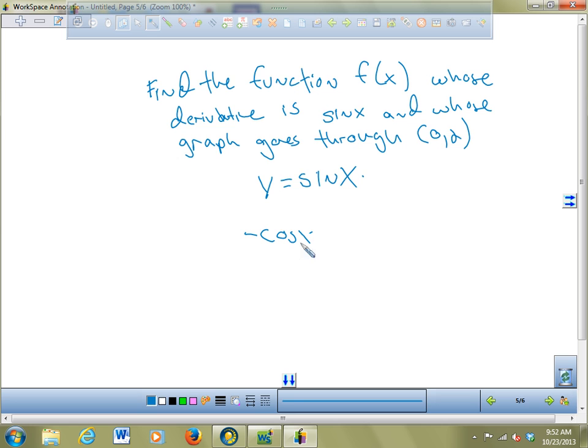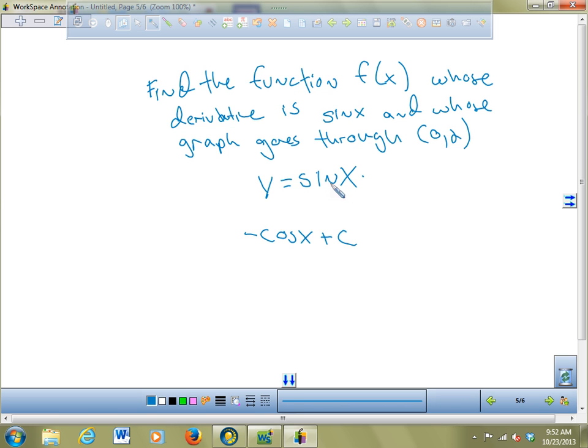But I could have had anything over here plus some constant, right? So you always want to put this plus c at the end, because I could take the derivative of negative cosine x plus 10, negative cosine x plus pi, negative cosine x plus 273, and I will still get the derivative being sine of x.